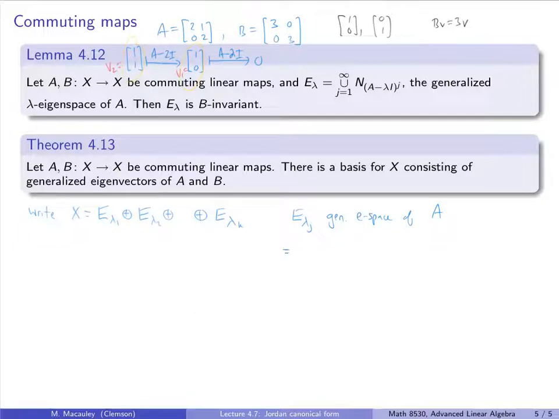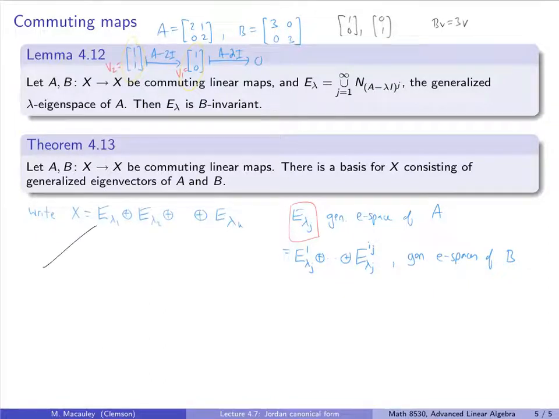Let's write this E_lambdaj as E_lambdaj,1 direct sum up to E_lambdaj,Ij, where these are all generalized eigenspaces of B. So now, every single vector in this entire generalized eigenspace is by definition a generalized eigenvector of A. And if we break it up further, each one of these also consists entirely of generalized eigenvectors of B. So we can do this for all of them.